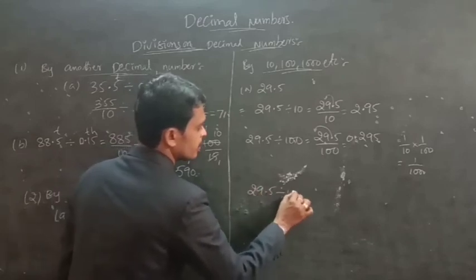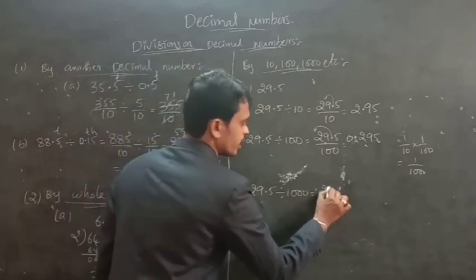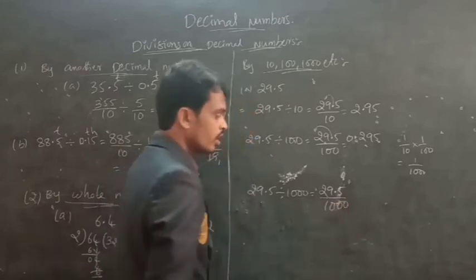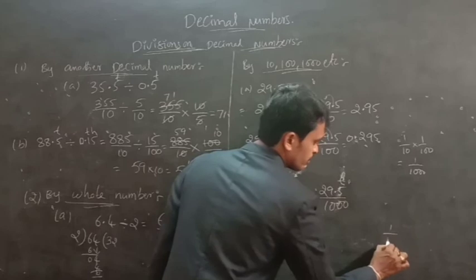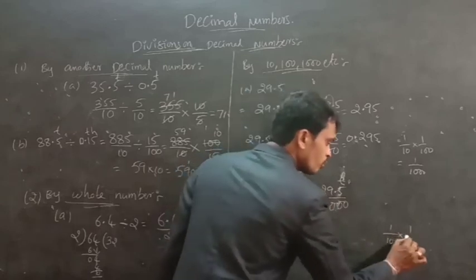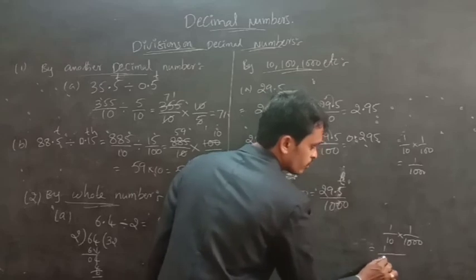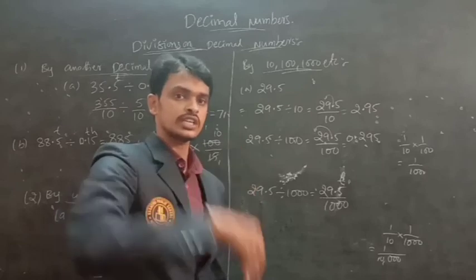Next, 29.5 is divided by 1000. Here, 29.5 by 1000. We have the tenth place, 1 by 10, and we are dividing by 1 by 100. Then the place value will be 1 by 10,000.